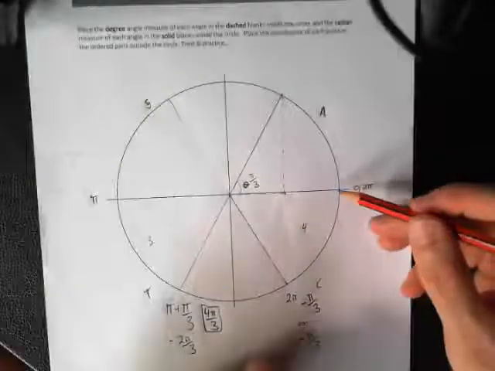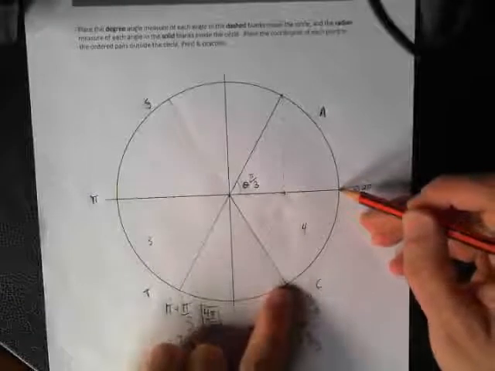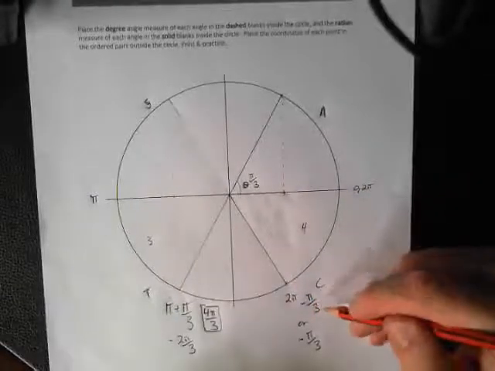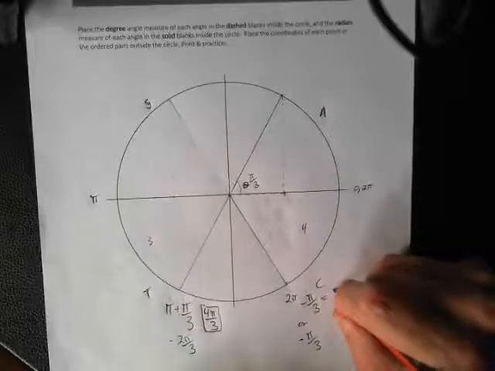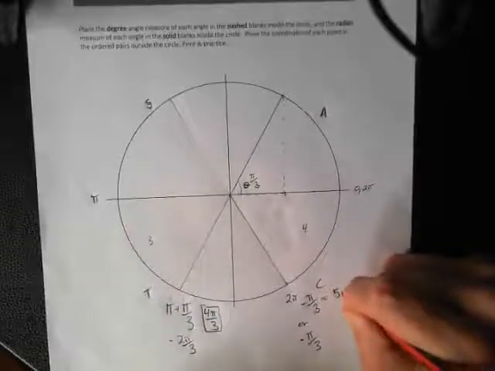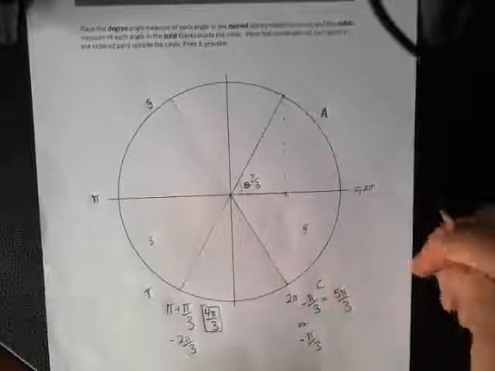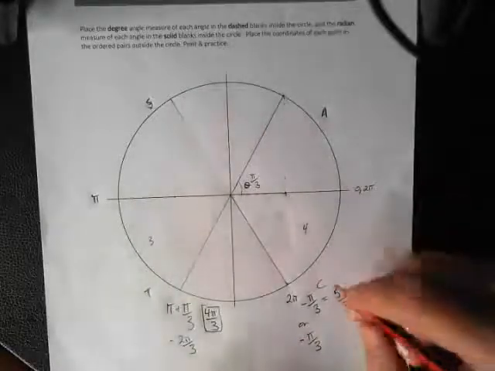That's one of our solutions. And this one is 2 pi minus pi on 3, which equals 5 pi on 3. So they're the two solutions between 0 and 2 pi.